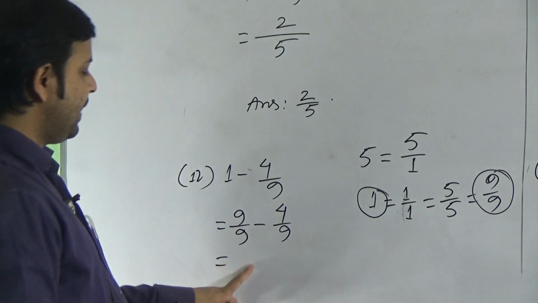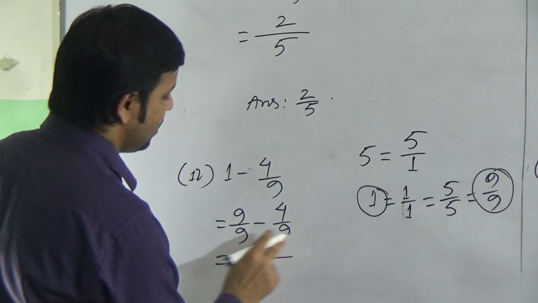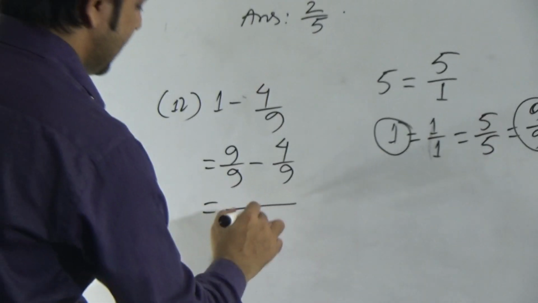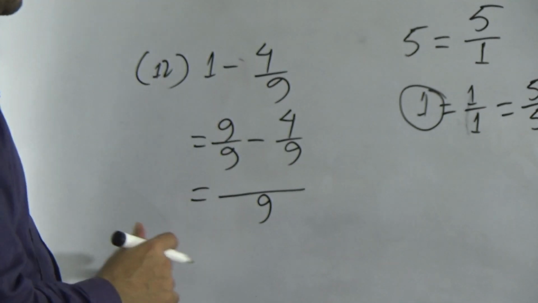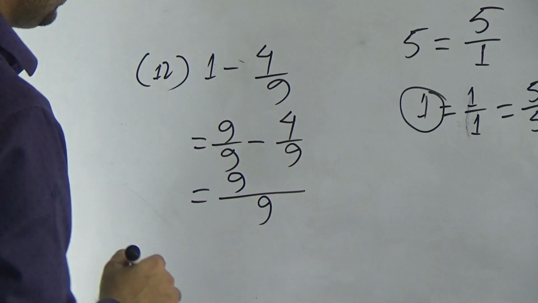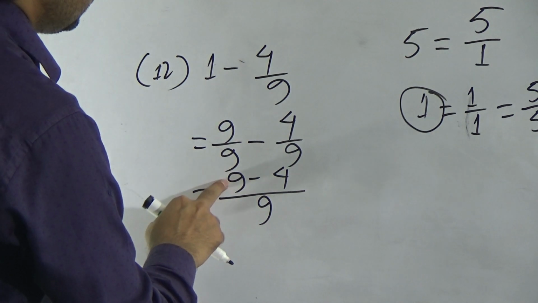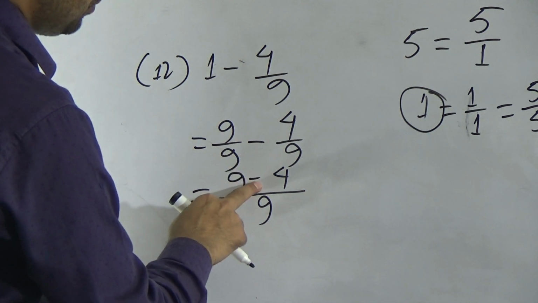Now see, this is a fraction and this is also a fraction. Now denominator of these two fractions are same, so we can take only one denominator. Now we have to subtract the numerator of second fraction from the numerator of first fraction. Here numerator of first fraction is 9. Here is minus, so you have to give minus.